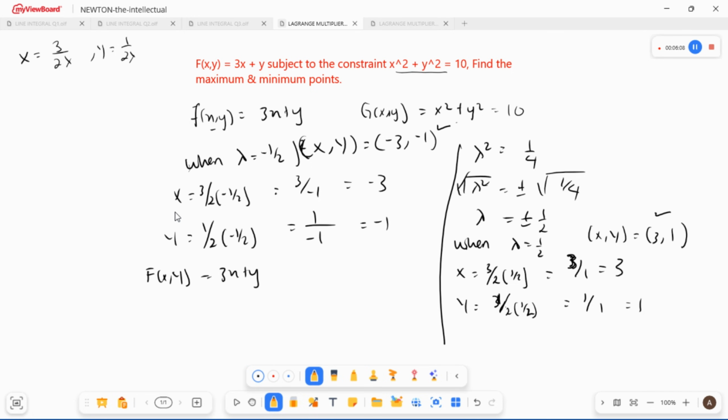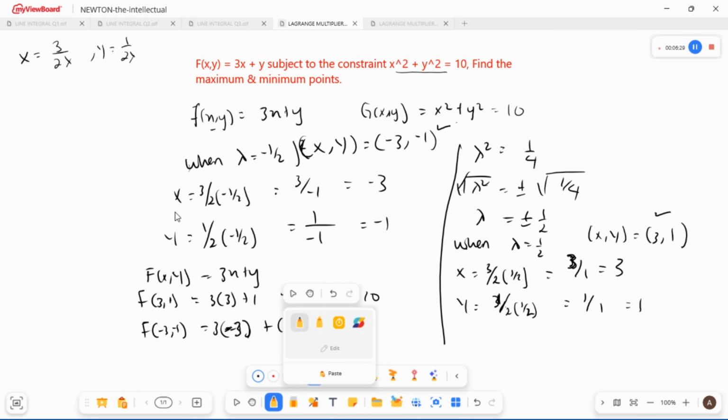Now when we plug in for f when x, y is 3 comma 1, what do we get? We get 3 times 3 plus 1, equals 9 plus 1, equals 10, right? And then we plug in the second value, minus 3 and minus 1, which is equal to 3 times minus 3, then plus minus 1, we have minus 9 minus 1, equals minus 10.